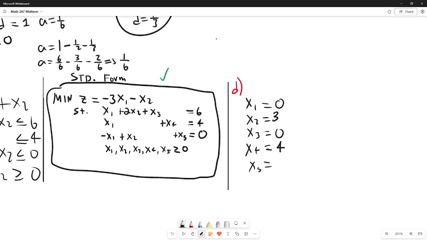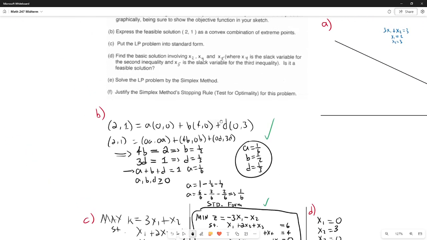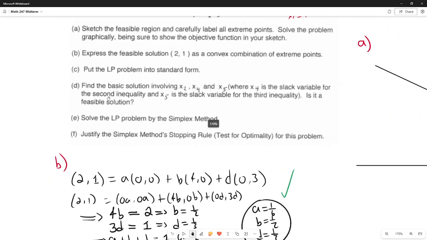And with x5, if we plug in x1, we get 0 plus 3 plus x5 is equal to 0. So that's just 3 plus x5 is equal to 0, meaning that x5 is equal to negative 3. So we have just found the values of x1, x2, x3, x4, x5. That was the basic solution we needed to find.